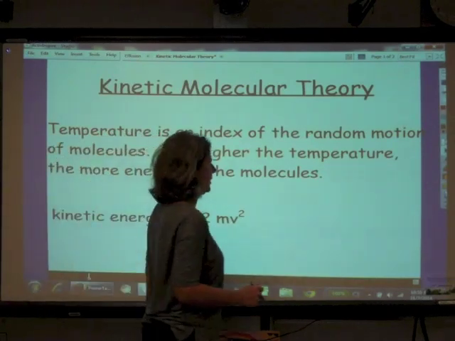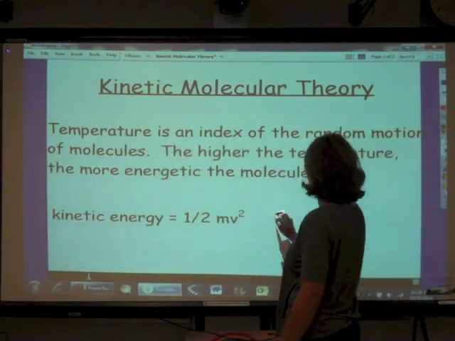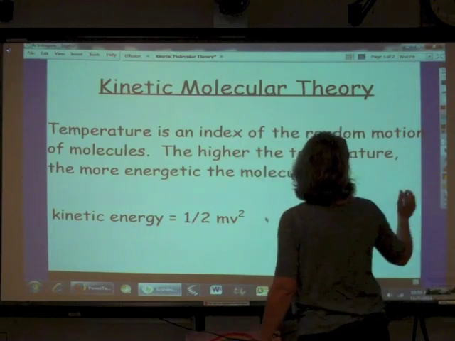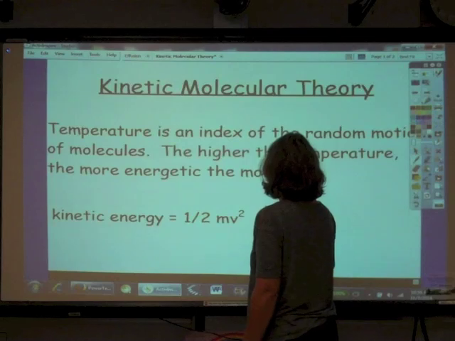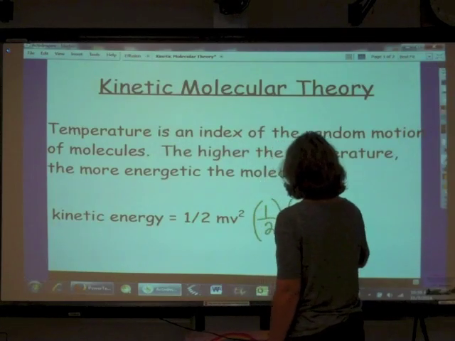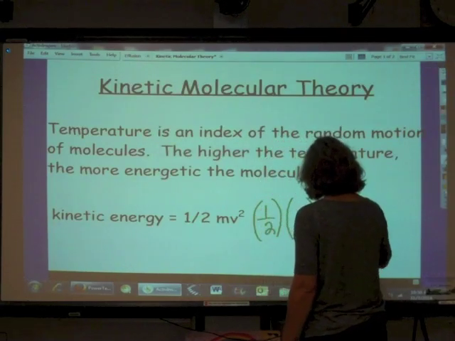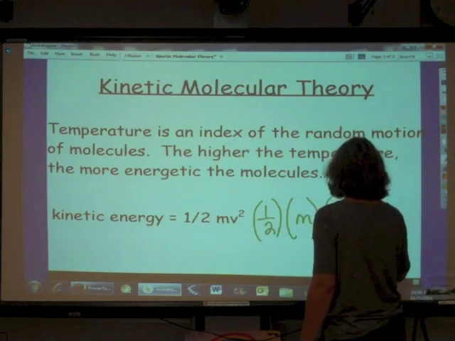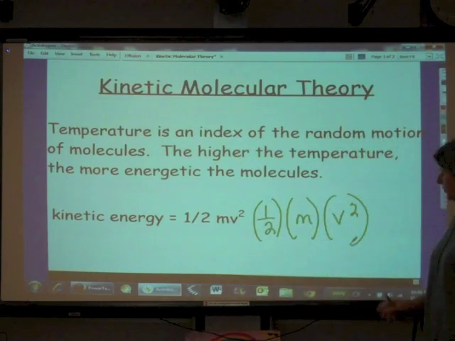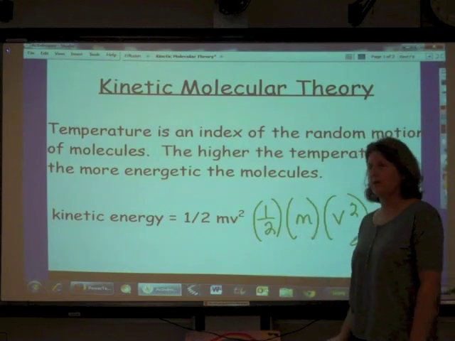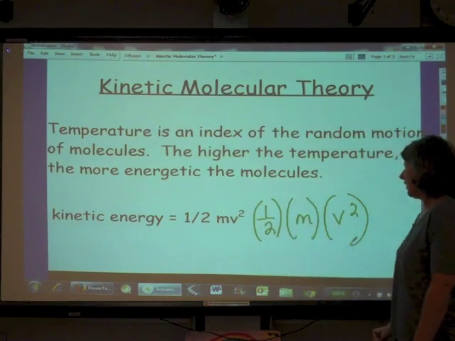So keep it in mind, people, that it is 1/2 times mass times velocity squared. Okay, so we square the velocity before we do the rest of these things.